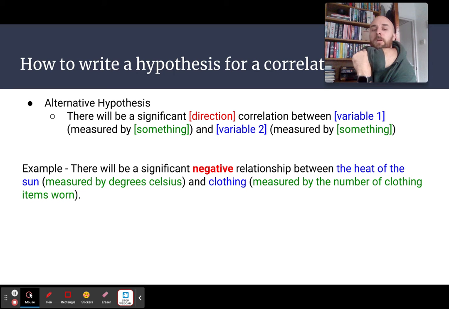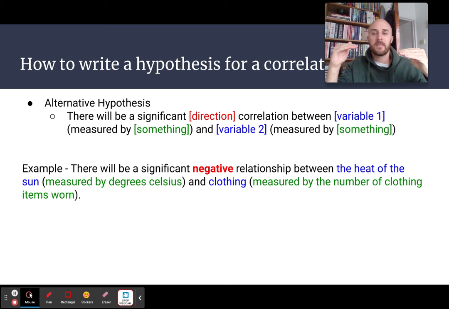Now, up the top, you've got a template for how you write correlations. There will be a significant positive or negative correlation between this covariable measured by this and this covariable measured by this. So if we look at the one down the bottom, the one I used earlier, there will be a significant negative correlation. Remember, a negative correlation is when there's an inverse relationship.